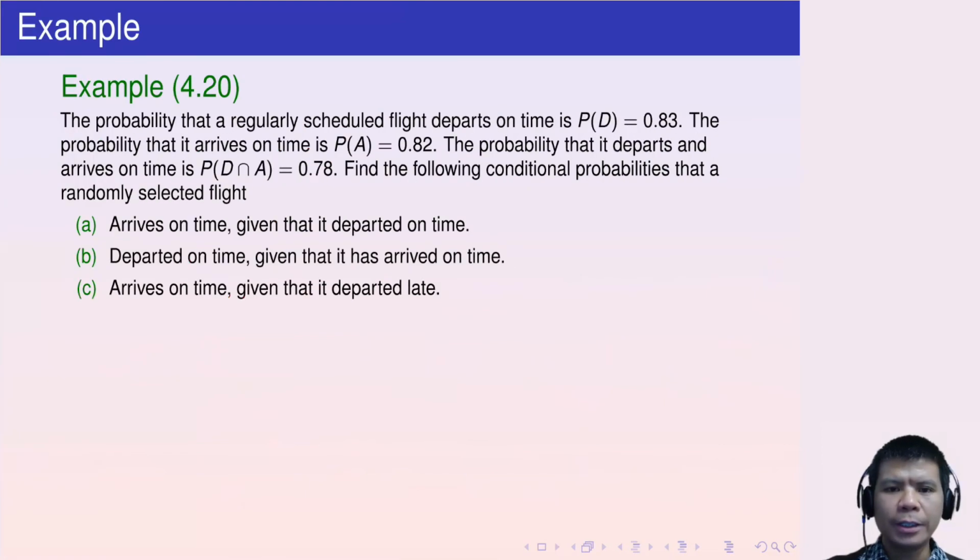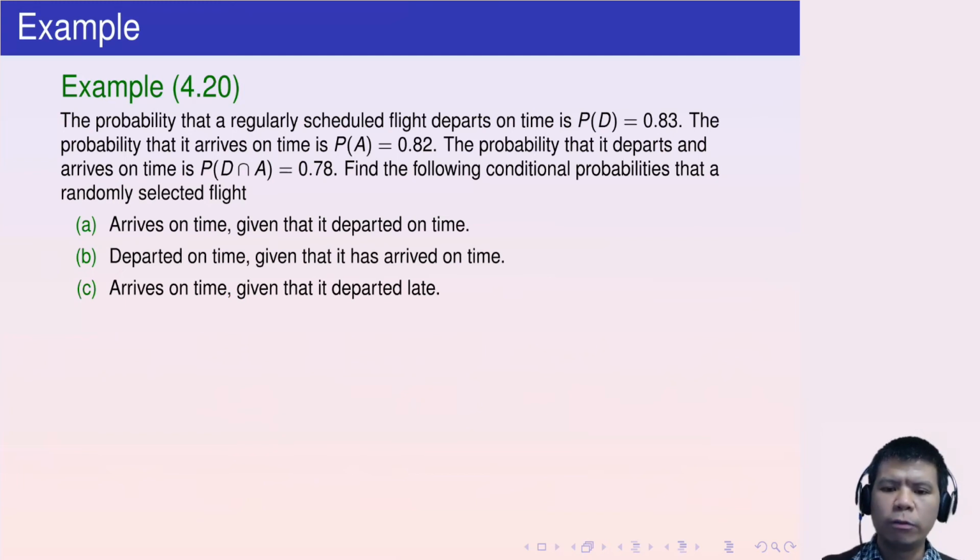Now let's consider another example about a conditional probability. The probability that a regularly scheduled flight departs on time is probability of D equals 0.83. And the probability that it arrives on time is probability of A equals 0.82. The probability that it departs and arrives on time is the probability of the intersection of D and A equals 0.78.